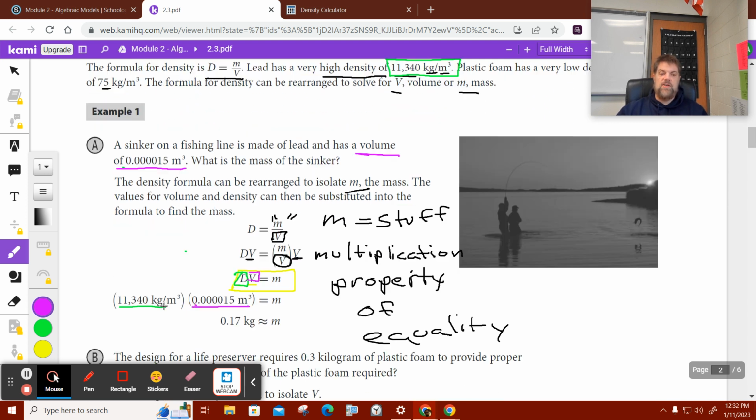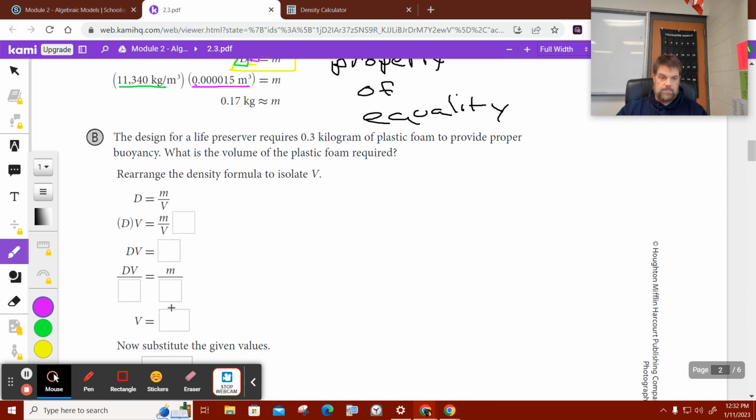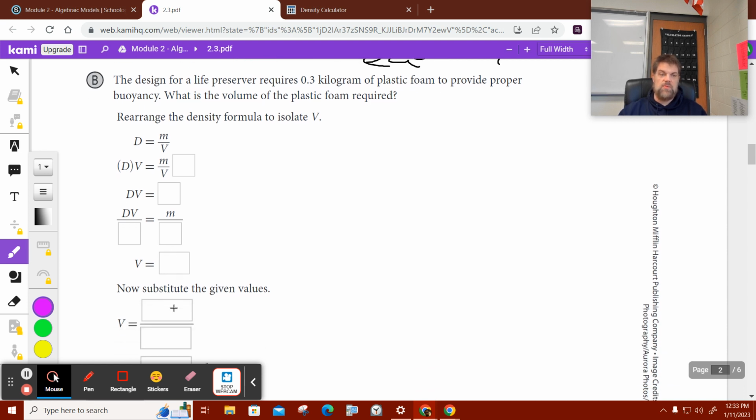All right, let's try to do part B then. Part B we've got to do on our own. So we're going to take the same formula now, and it says design a life preserver that requires 0.3 kilograms of plastic foam to provide proper buoyancy. What's a kilogram a measurement of?